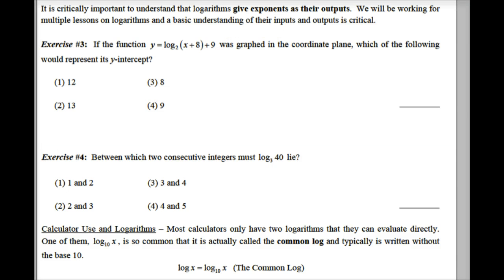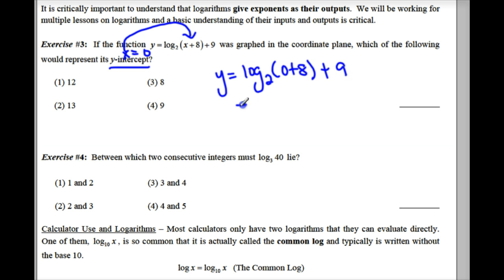Now you have two options. You can graph this and look for your y-intercept, or we know the y-intercept is when x is equal to 0. So I can just substitute 0 for x, which is the easiest way. So what you're going to get is y equal to log base 2 of (0 plus 8) plus 9, which is the same as log base 2 of 8 plus 9.